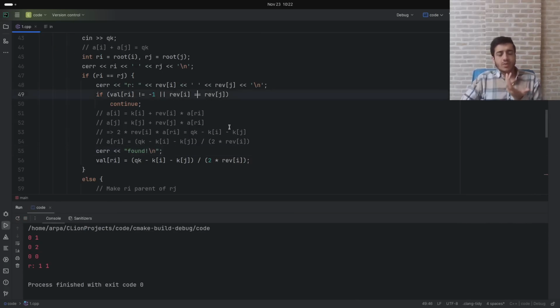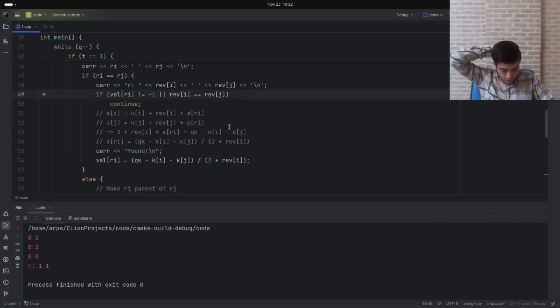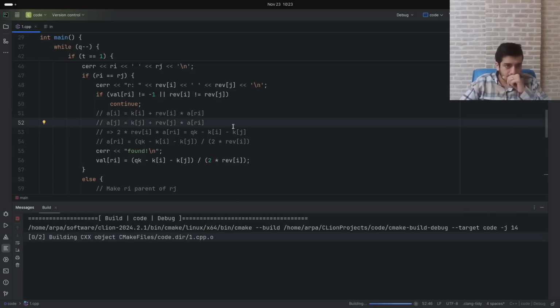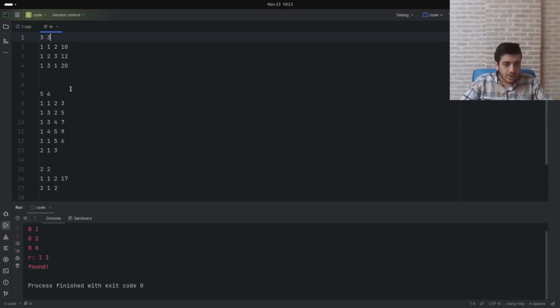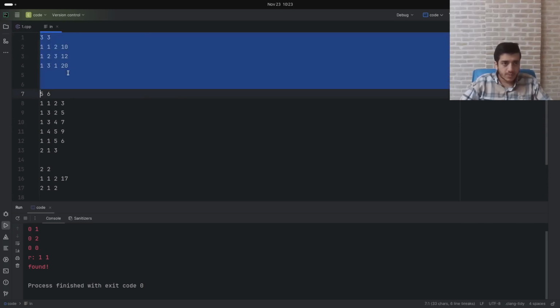Actually, when revs are not equal, it should escape. Oh, I think I fixed it. I think I fixed it.